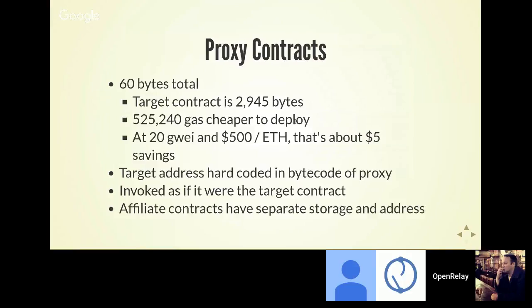But even though all of the affiliate contracts will share the same contract code, each one will have separate storage and addresses, which means that they can have separate stakeholders, and they have separate tokens. And so there won't be crosstalk between the different proxy contracts. It's basically as though we had deployed a separate affiliate contract for each one, but we saved $5 in gas for every one that we deployed.